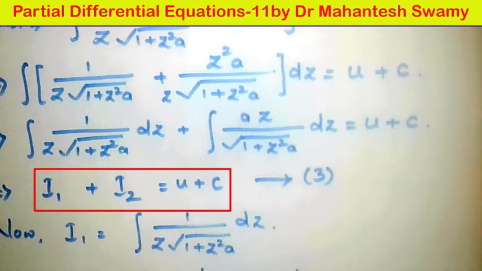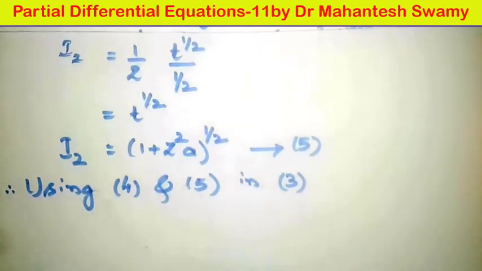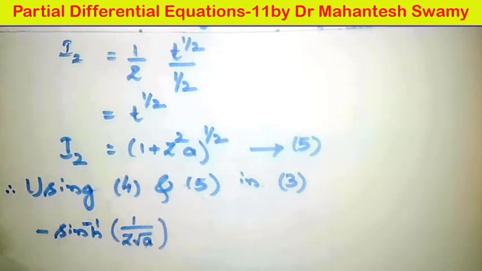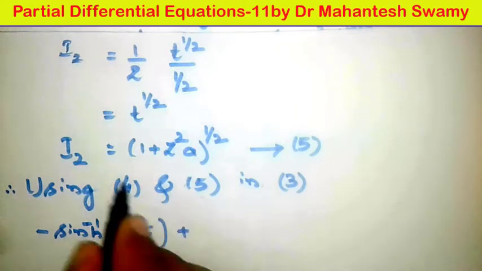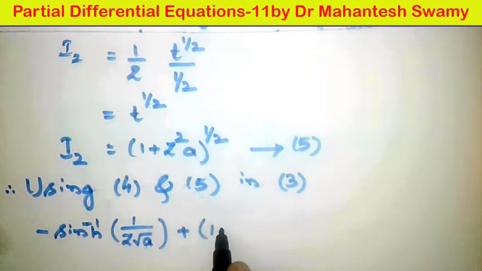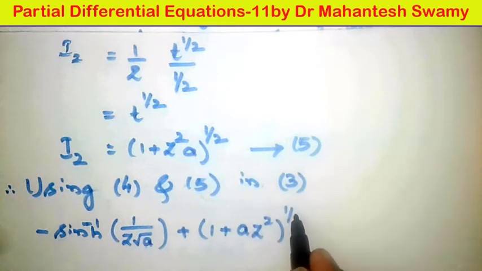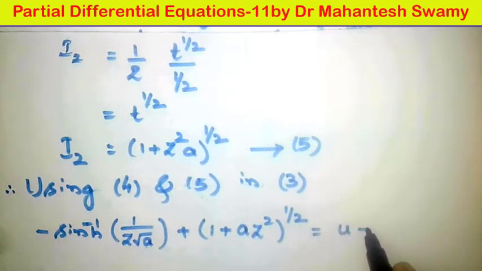That gives us the I1 value, minus sine hyperbolic inverse of 1 by z into root a, plus the I2 value we have just obtained, 1 plus a into z square to the power 1 by 2, equals u plus c on the RHS.